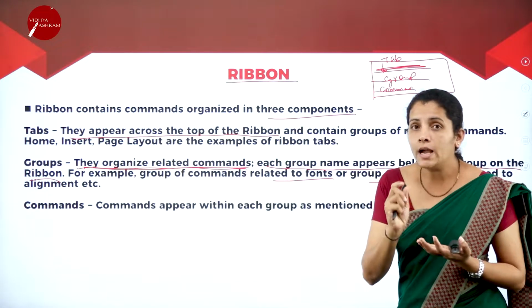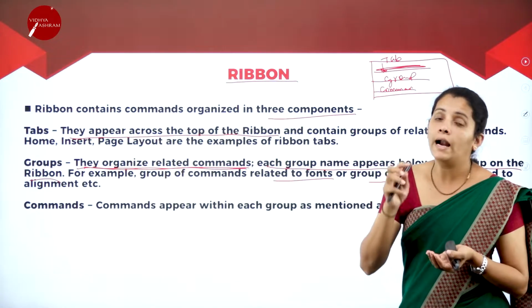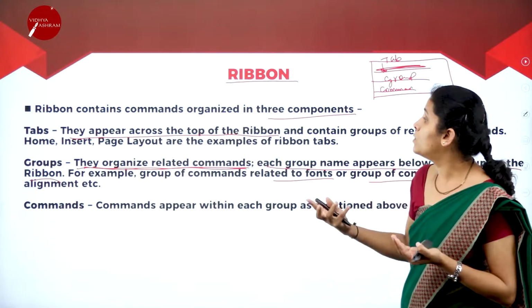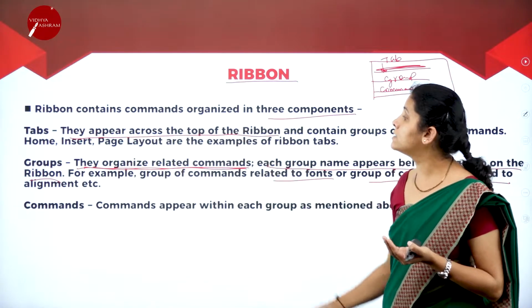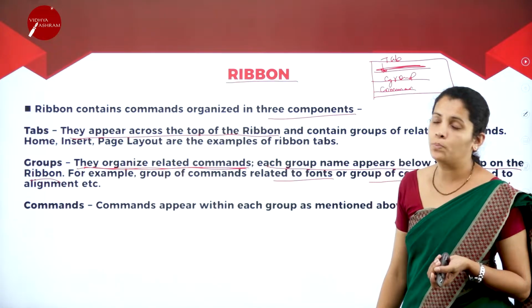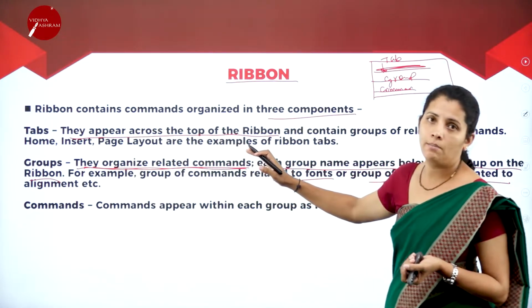Initially I'm going to have the group name. If I visit the group name, under that I'm going to have the related commands. So here all the commands are organized according to the group. So here they organize related commands.